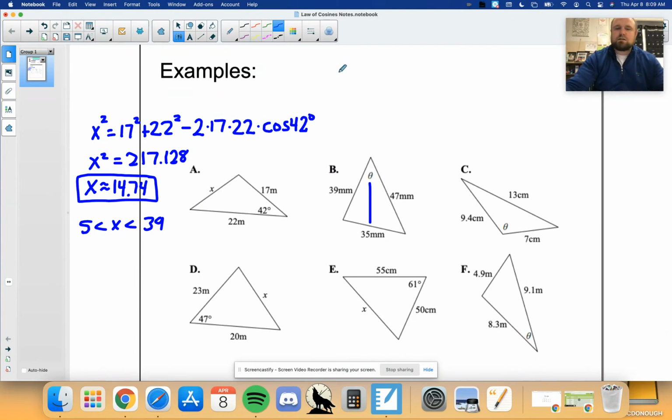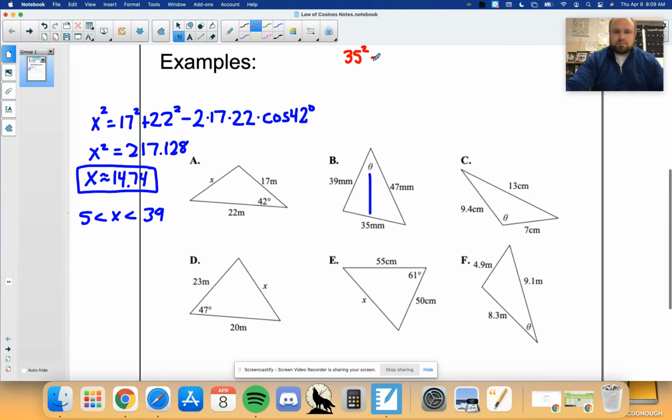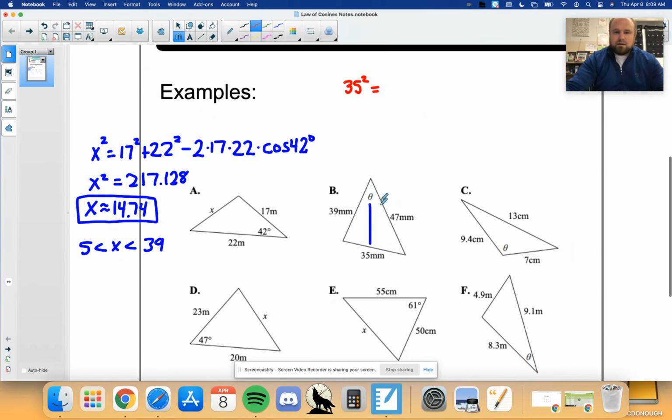Okay. So we're going to start this one, and I'll do this one in red. We're going to start this one with 35 squared. I'm going to do this up above here. So 35 squared equals, and then the other two sides are 39 and 47, and it doesn't matter the order that you do them in.